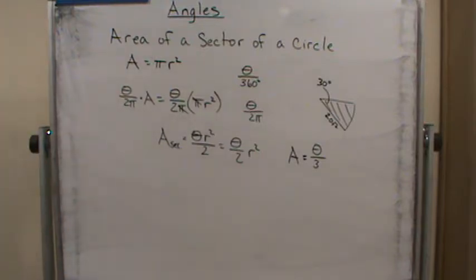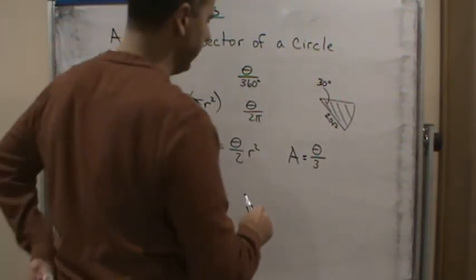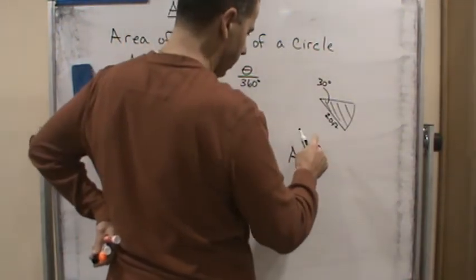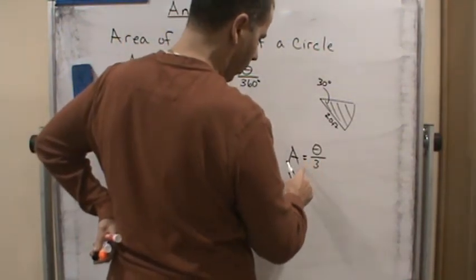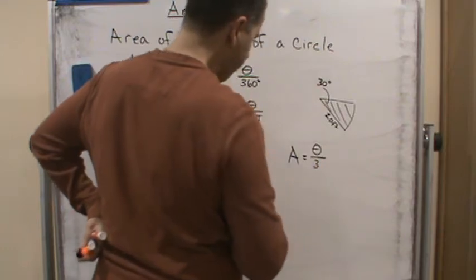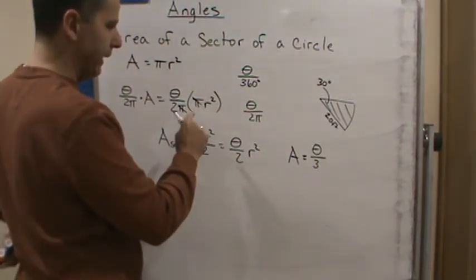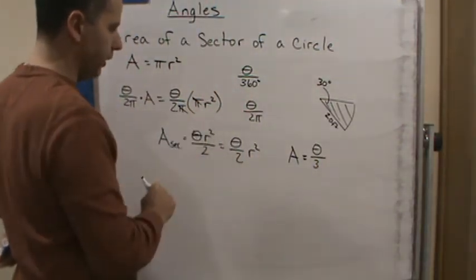Because we're dealing with degrees, and because of pi, we're going to deal with radians.